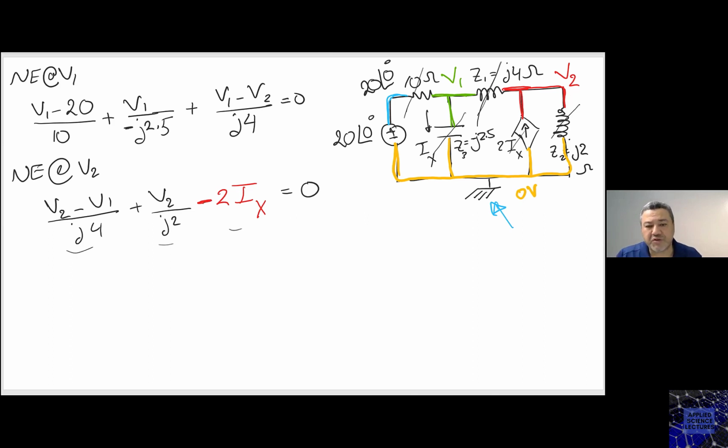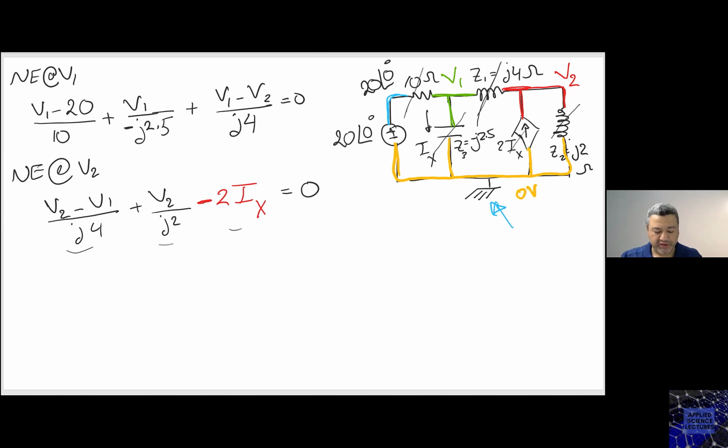Indeed, those are currents. But we have learned how to write it by inspection right away looking at the circuit. But if you recall, how did we derive the nodal equation? We derived it from the currents in those branches. We added the currents such that they're leaving the node, right?